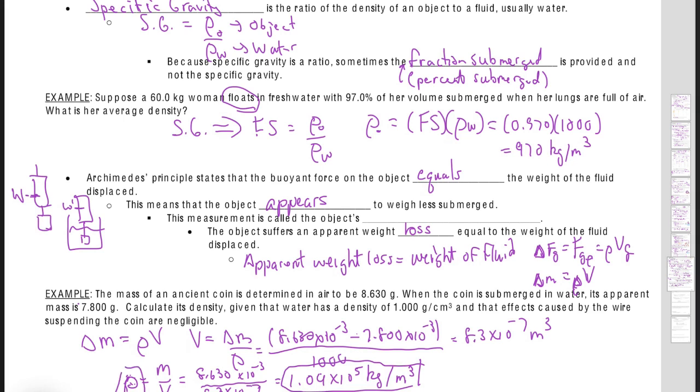That number seems way too high, so let me double check this. Oh, okay, yeah, because it's being suspended by a wire. Yep, so this will be 1.04 times 10 to the 5th.